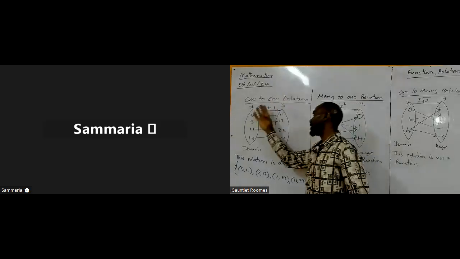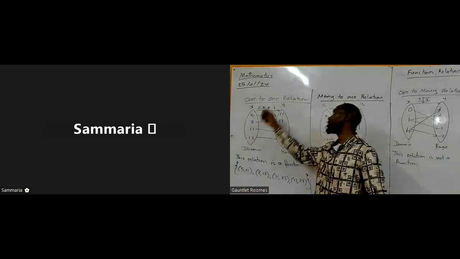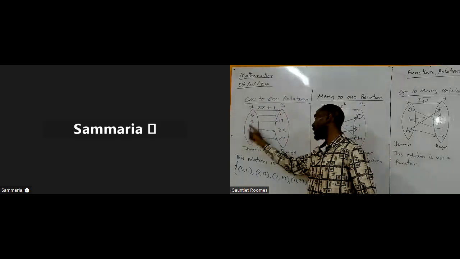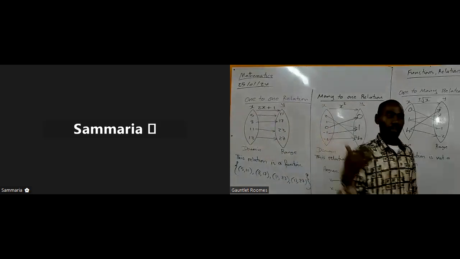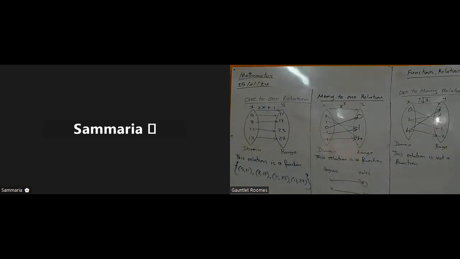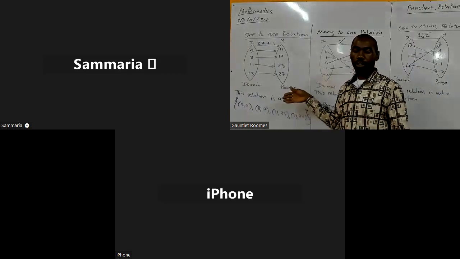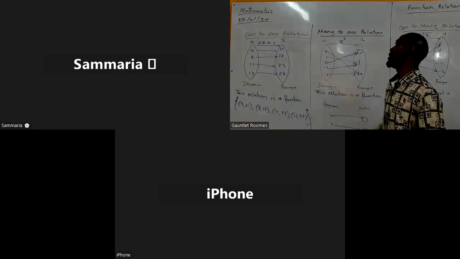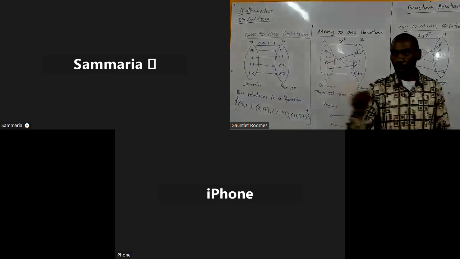Like what we see here, 5 onto 11, 8 onto 17, 11 onto 23, 13 onto 27. Each only maps onto one and only one element in the range. All right. And we said that this relation is a function.